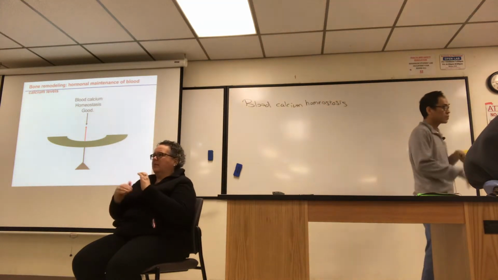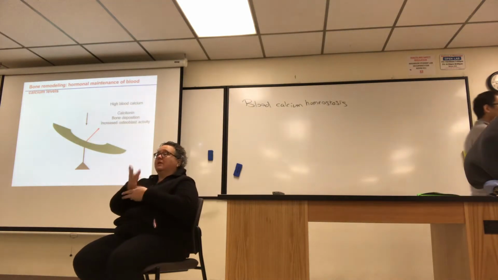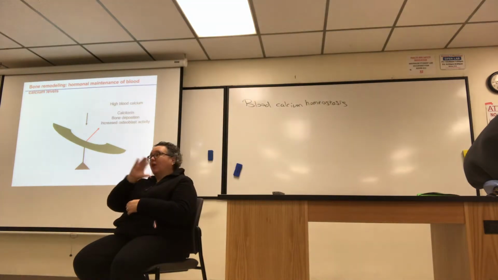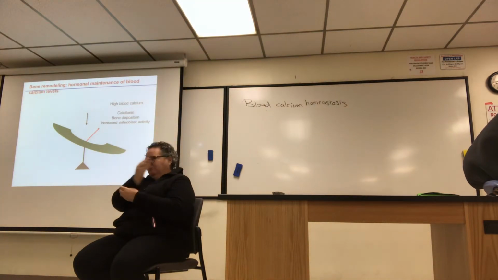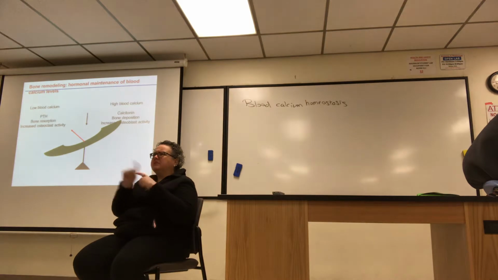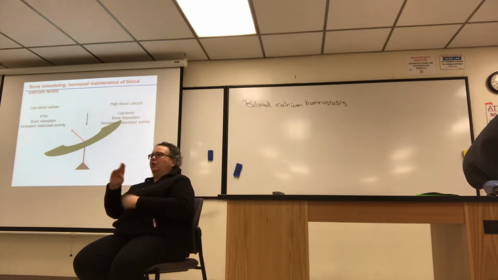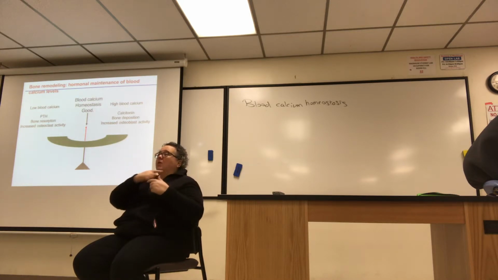You want to keep some homeostatic level. If you have high blood calcium, you're going to have bone deposition, increased osteoblast activity. If you have low blood calcium and you want to get it back to homeostasis, there's a hormone called PTH for increasing the bone resorption, to increase the osteoclast activity to get you back to homeostasis. So know the hormones.